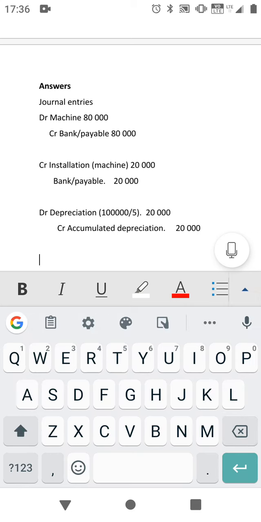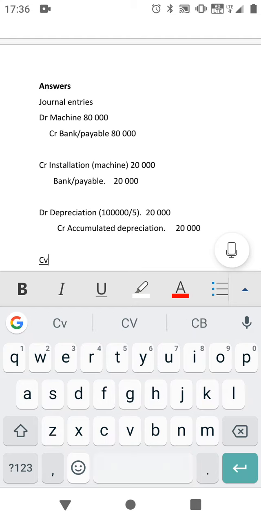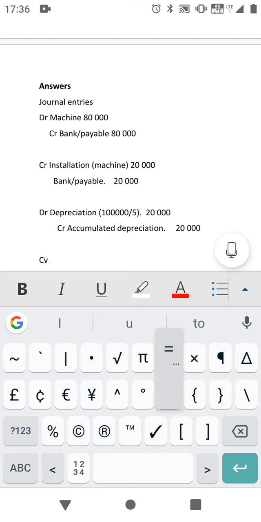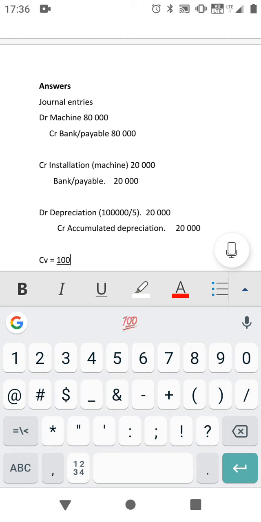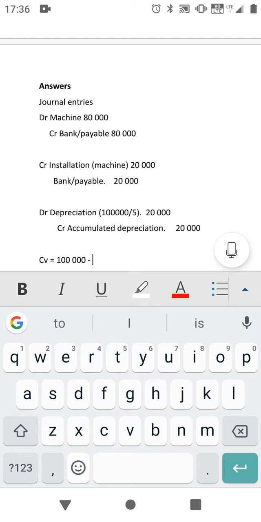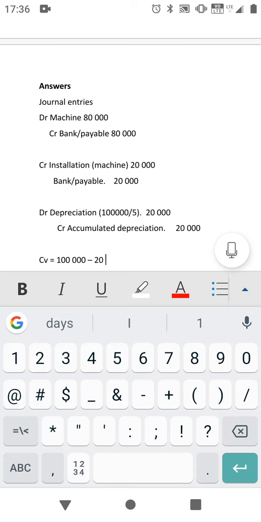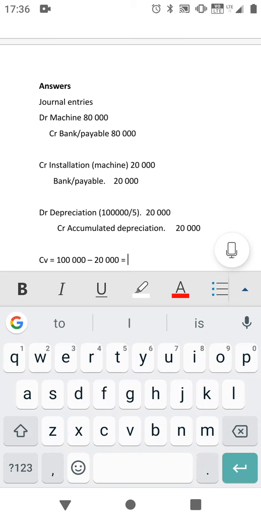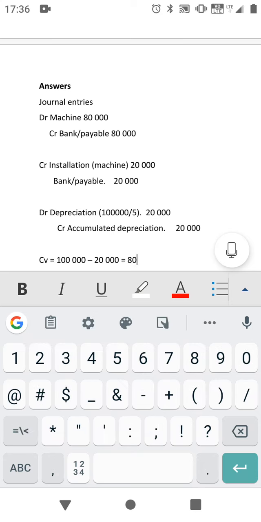Okay, in this case then you can calculate the current value. The current value will be 100,000 minus 20,000. Then you will have the current value of 80,000.